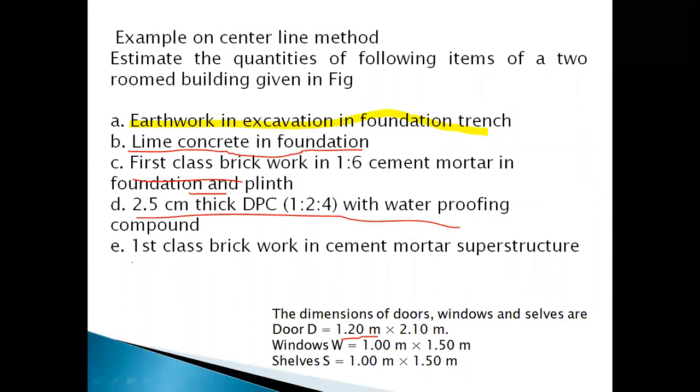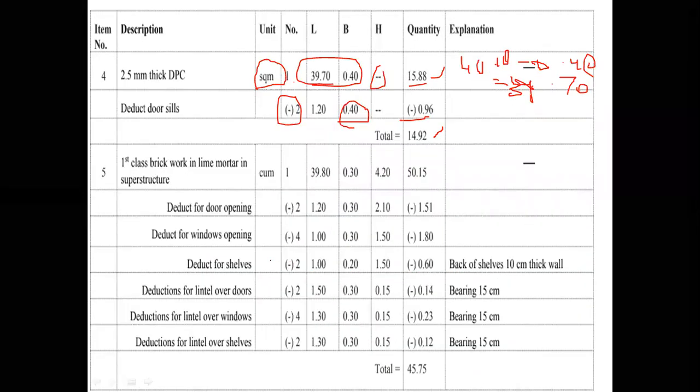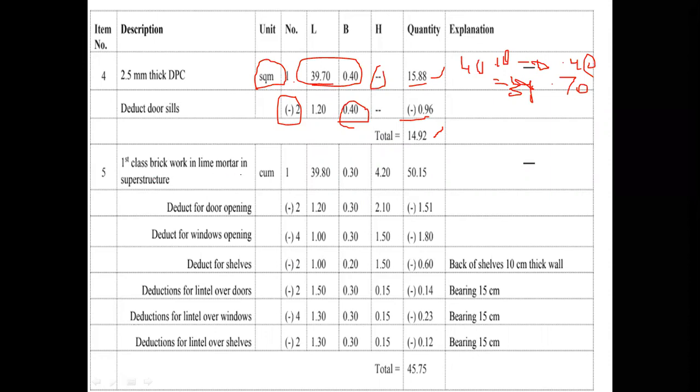Next one is the sixth one, the last one, first class brickwork in cement mortar in superstructure. The unit is cubic meters, number 1. Here also total length is 40.10 minus 0.30, that is 39.80.